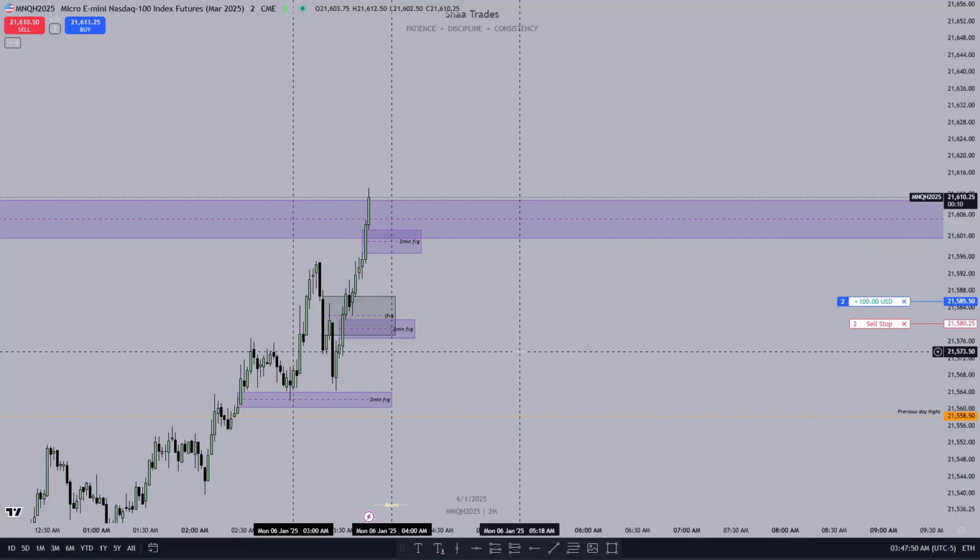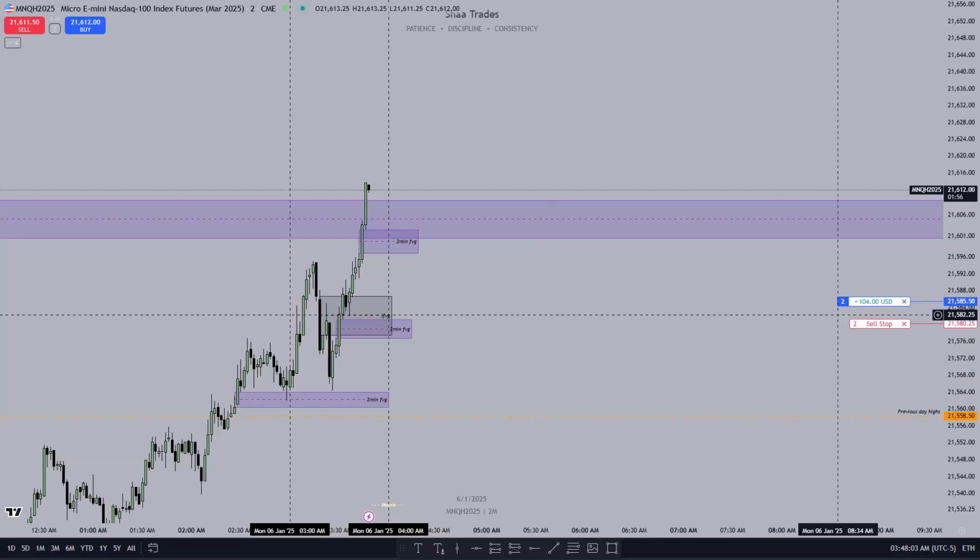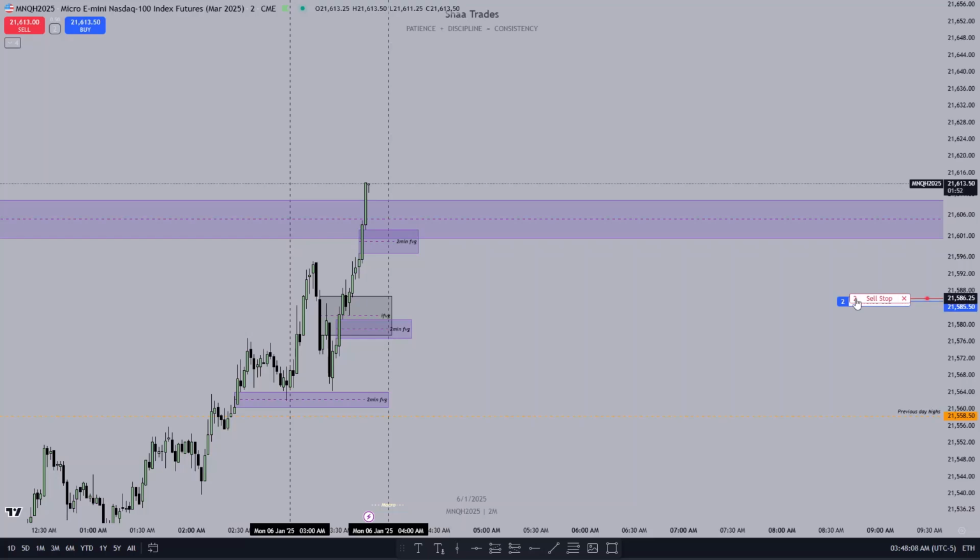Usually I don't like to see my chart this messy, but just for visual purposes, I'm just going to leave it there. Okay, so you see how price closed above that. I'm going to move stop loss to break even or better.